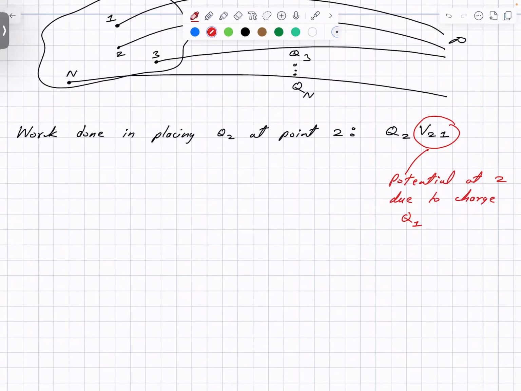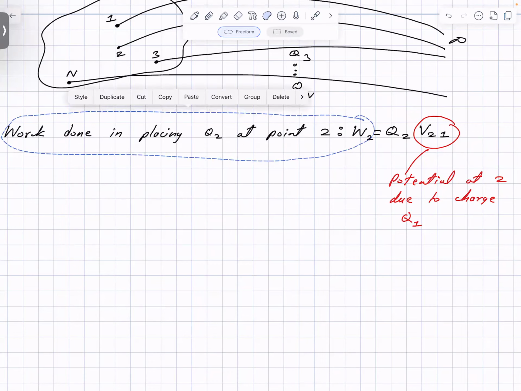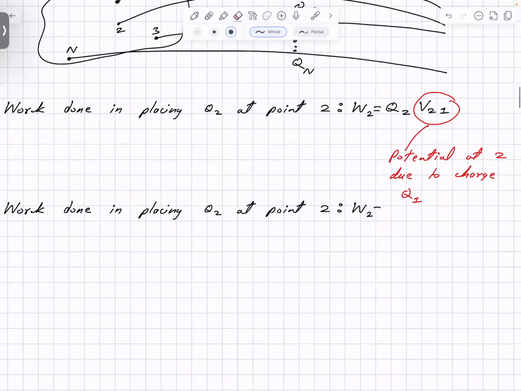And we are going to also call this W2. W2 equals that. And similarly, now I'm going to copy this. Then after bringing in Q2, we'll bring in Q3. So let me change this to Q3. Work done in placing Q3 at point 3. We'll call that work done W3.